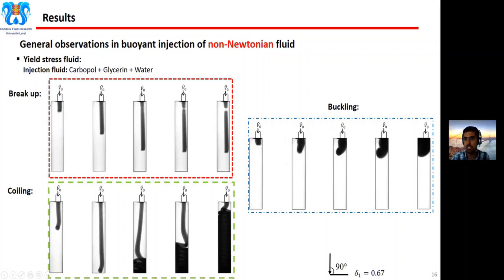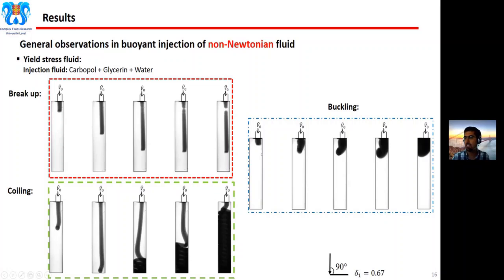In the breakup regime, you can see that the non-Newtonian fluid comes inside the confined geometry, which is full of water; the light fluid is water. You can see at low flow rates, the fluid breaks up at a point. If we increase the velocity of this fluid, the breakup does not occur and the fluid starts coiling around the pipe.